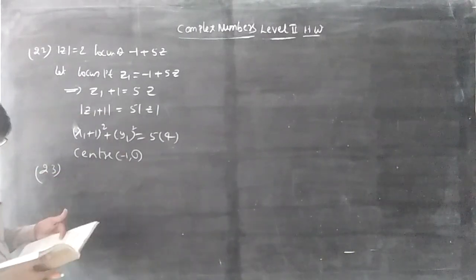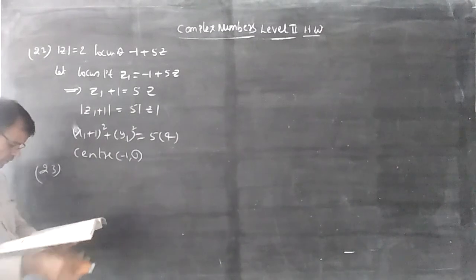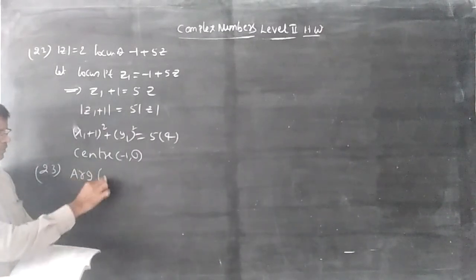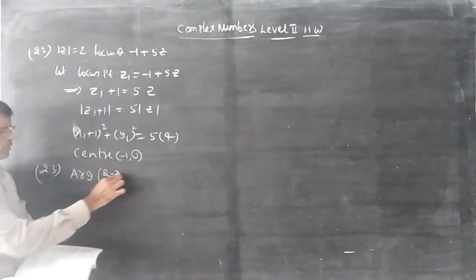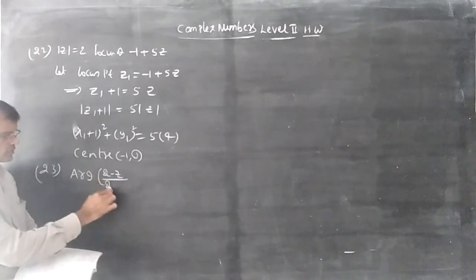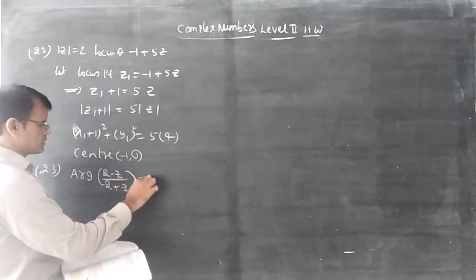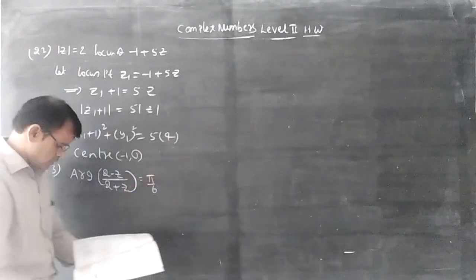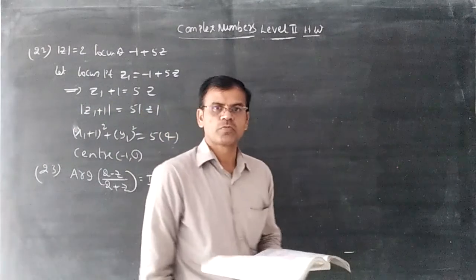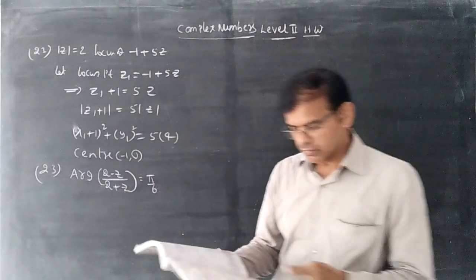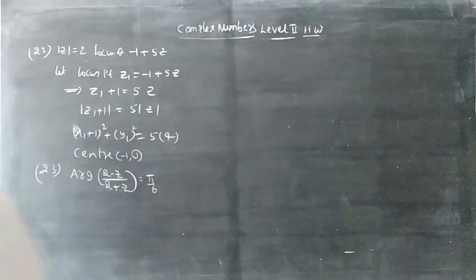23rd question. If argument of 2 minus z by 2 plus z is equal to pi by 6 and z is equal to x plus iy, then what is the locus?